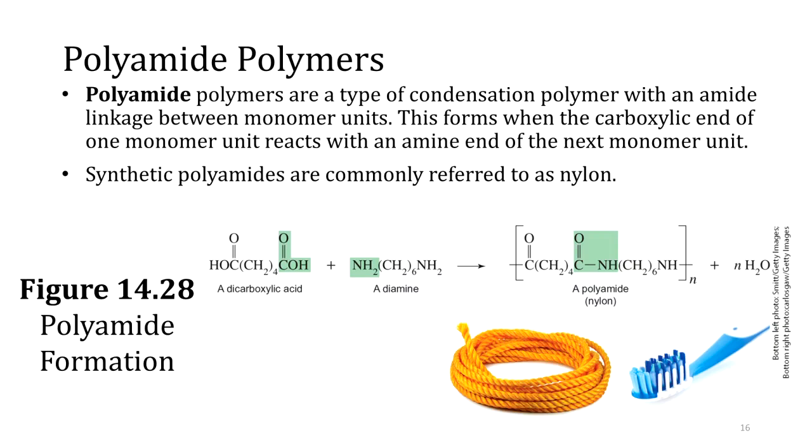Nylon is a polyamide. You can see the reaction here. You've got two carboxylic acid ends, two amine ends. One amine reacts with the carboxylic acid to form the amide. Then you've got an amine that can attach to another carboxylic acid, and so on. So this makes a nice long chain, and the long chain forms a molecule which produces our polymer.